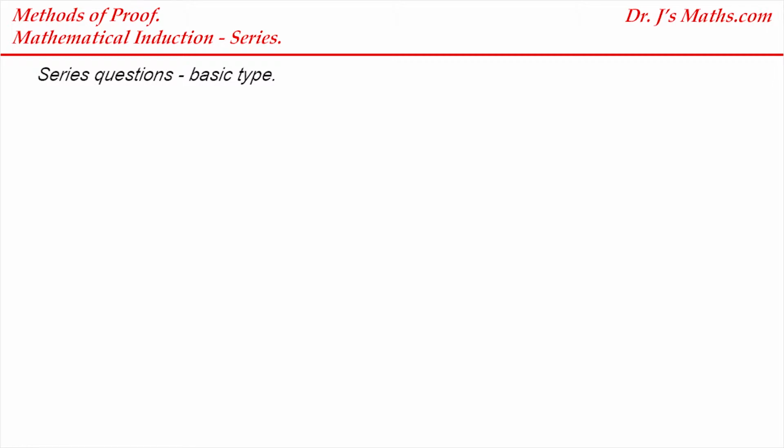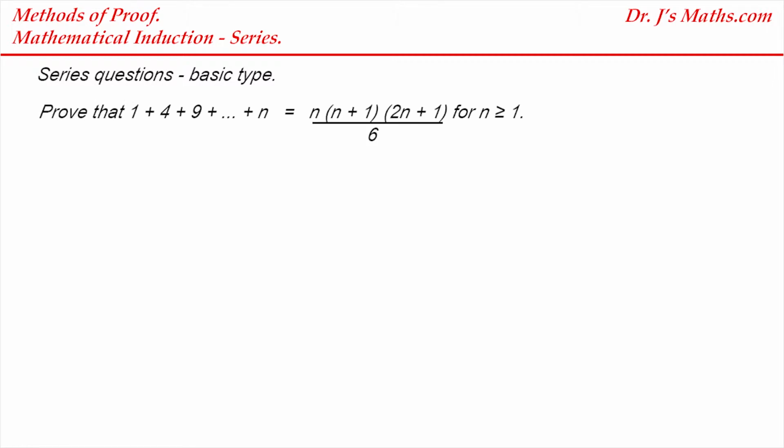So we'll start with a basic type of series question. We have to prove that 1 plus 4 plus 9 plus up to n squared is equal to n times n plus 1 times 2n plus 1 all over 6, and we're restricted to n being greater than or equal to 1. So step 1, we have to prove the initial statement true for n equals 1.